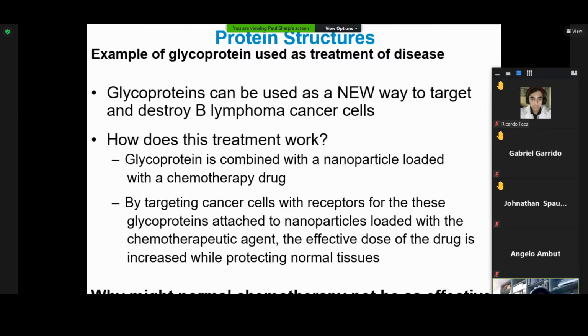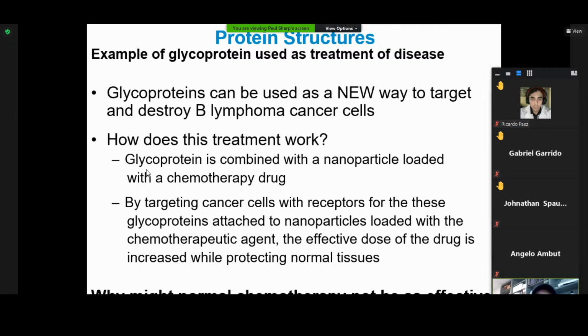So if we know that B lymphoma cancer cells overexpress this particular receptor that's on the outer surface of B cells, and we know that this CD22 receptor targets particular glycoproteins, then with that information, we can be very clever and use this for our benefit to target those particular cells.